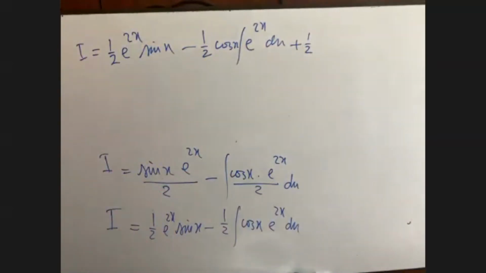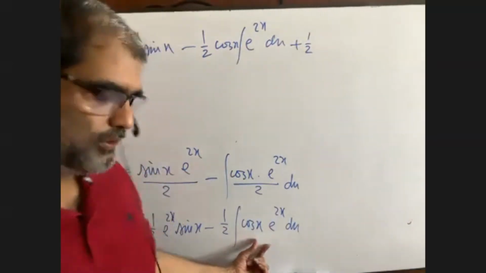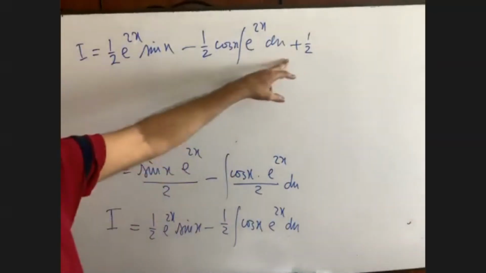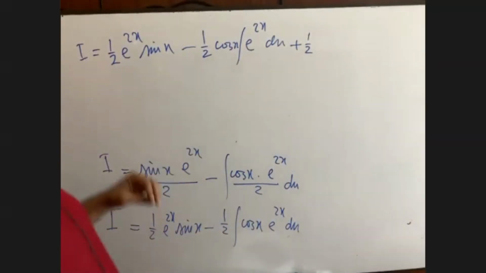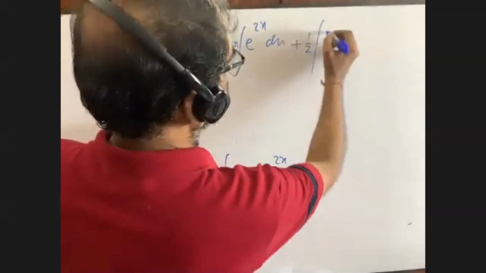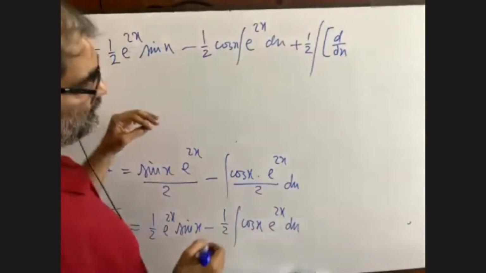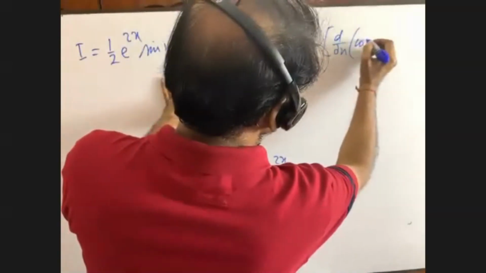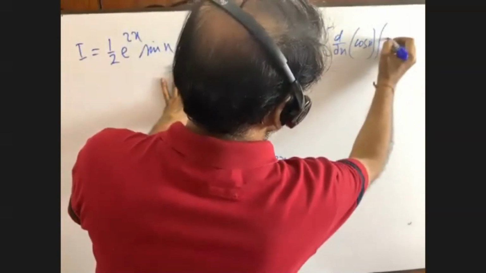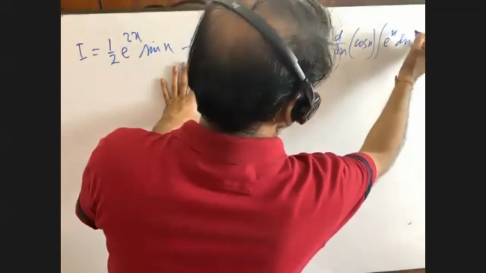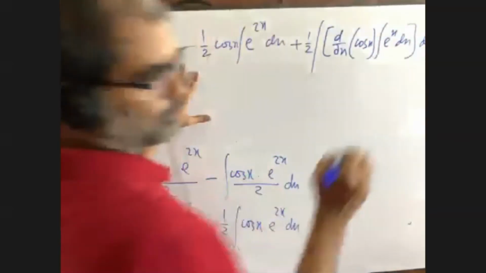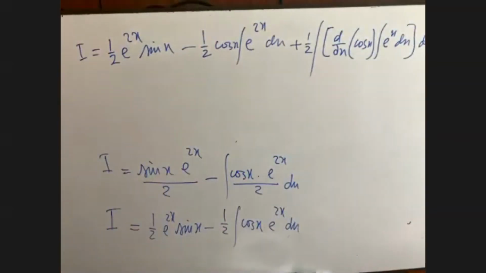Are you getting me? In the formula there is minus, and there is minus, minus, minus, plus. It is half. Okay. Integration sign, third bracket, d by dx cosine x, e to the power x dx, third bracket close, dx.